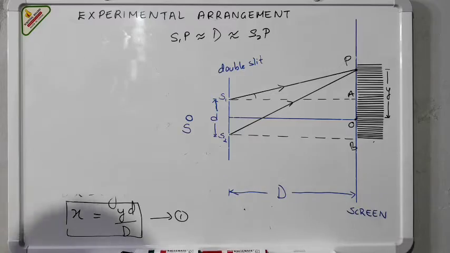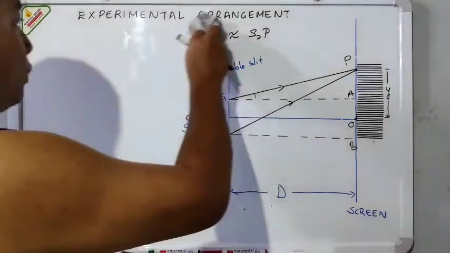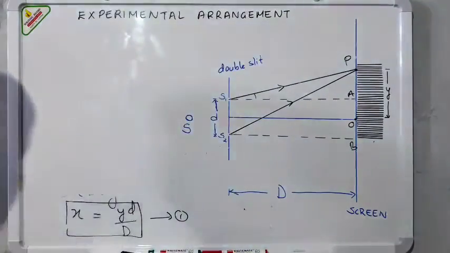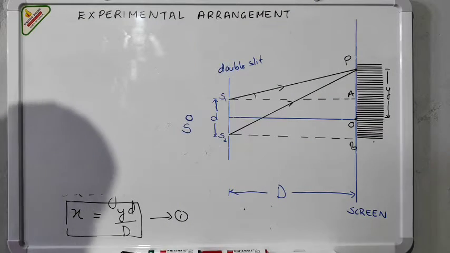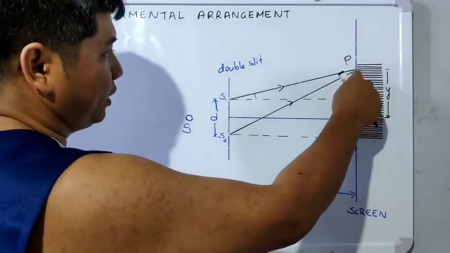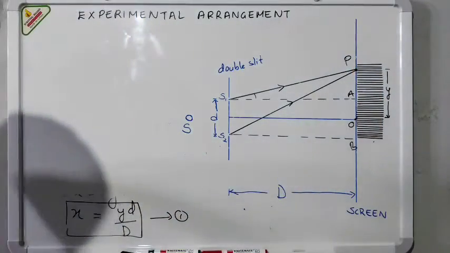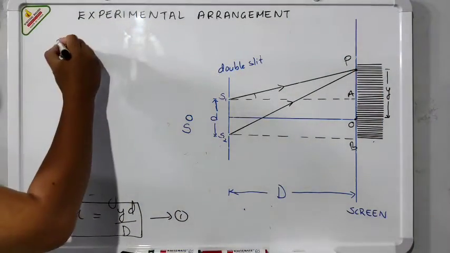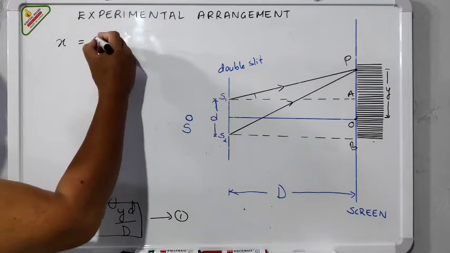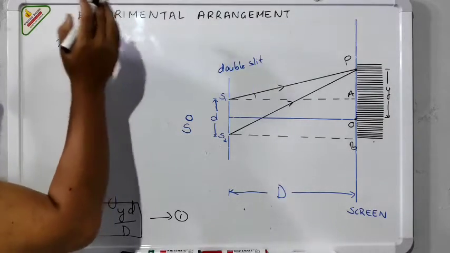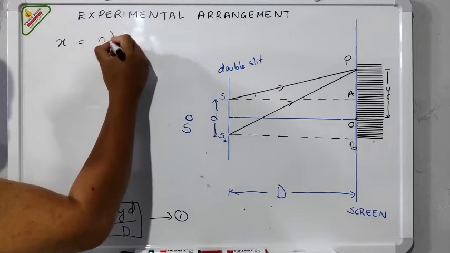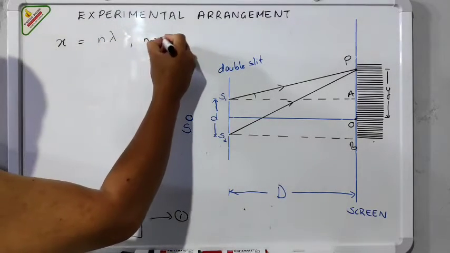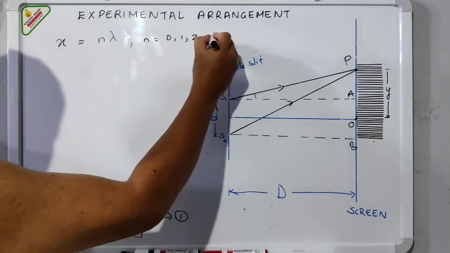In the previous topic, we discussed that for a bright fringe, for P to be a constructive interference, the path difference will be equal to n lambda. Here n lambda, where n is 0, 1, 2, 3.